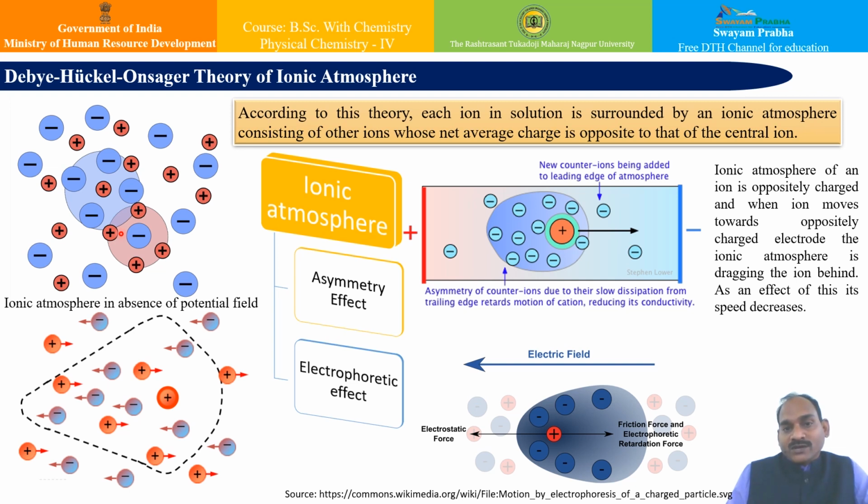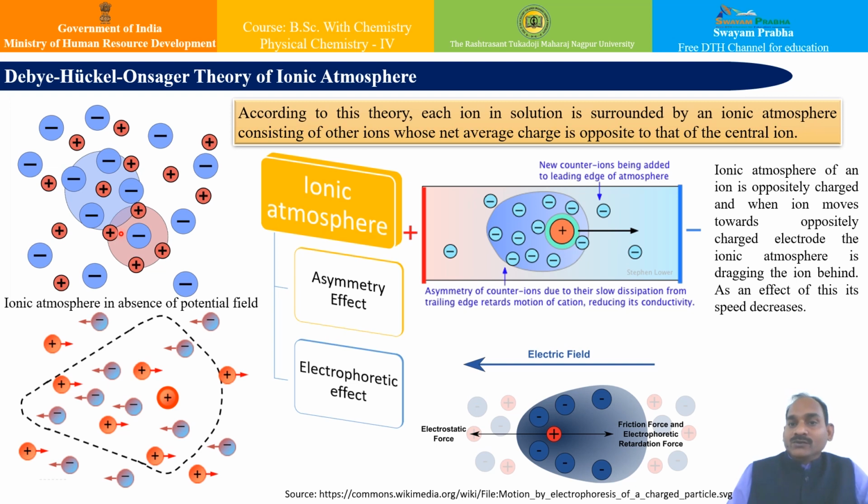As a result of this potential and the movement of ions towards the particular electrode, this uniform ionic atmosphere is distorted. And this distortion results in the decrease in speed of ions.